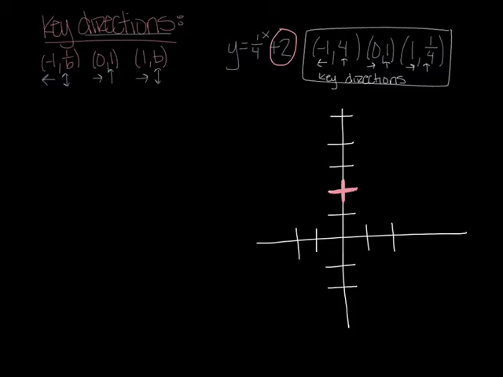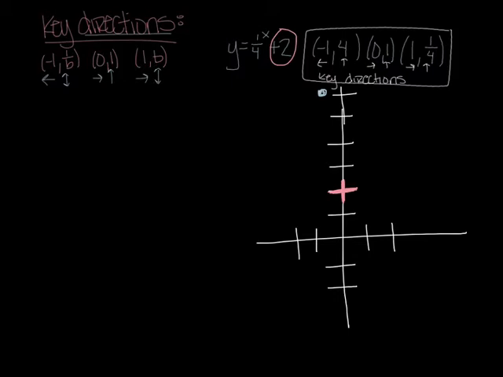So then I apply my first key direction, which is when x is -1, y is 4, meaning move left 1, up 4. So starting from my key directions, I go left 1, up 4. 1, 2, 3, 4.